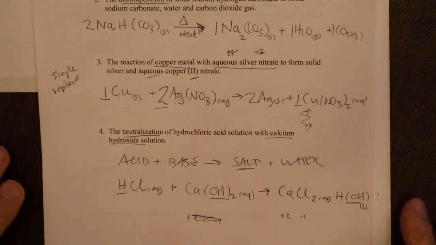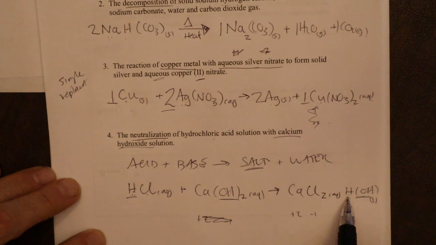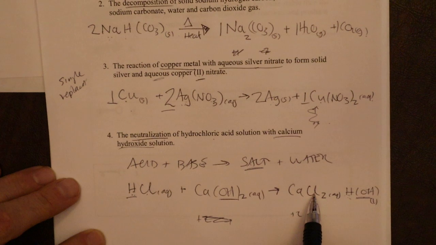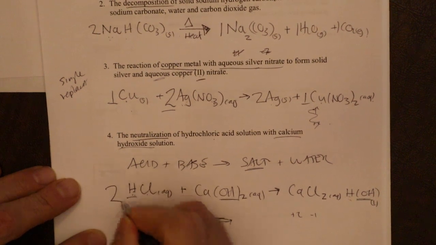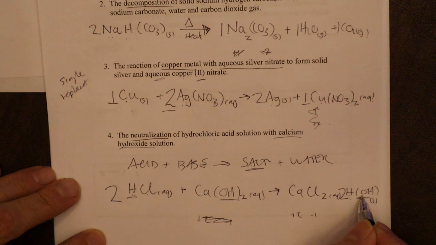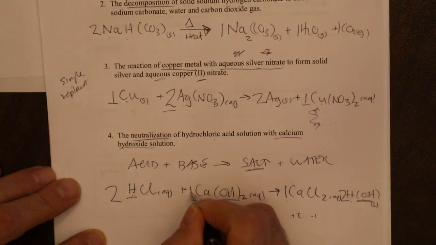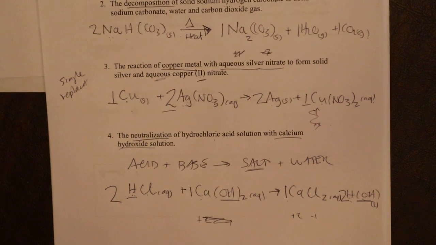Okay, so now let's balance the same number and type of ions. 1 H plus, 1 H plus. The H in HOH is the H plus. Cl, there's two Cl's, so I need two of these. Oh, then I need two H pluses. I've got two OHs, I got two OHs. I've got one calcium, I got one calcium. There we go. Trick with the ones and twos again.